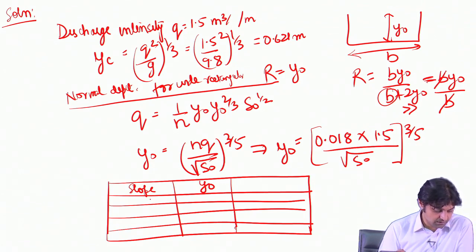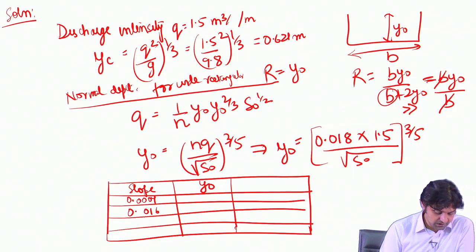So, there are slopes 0.0004, 0.016 and then there is a critical slope, all right.